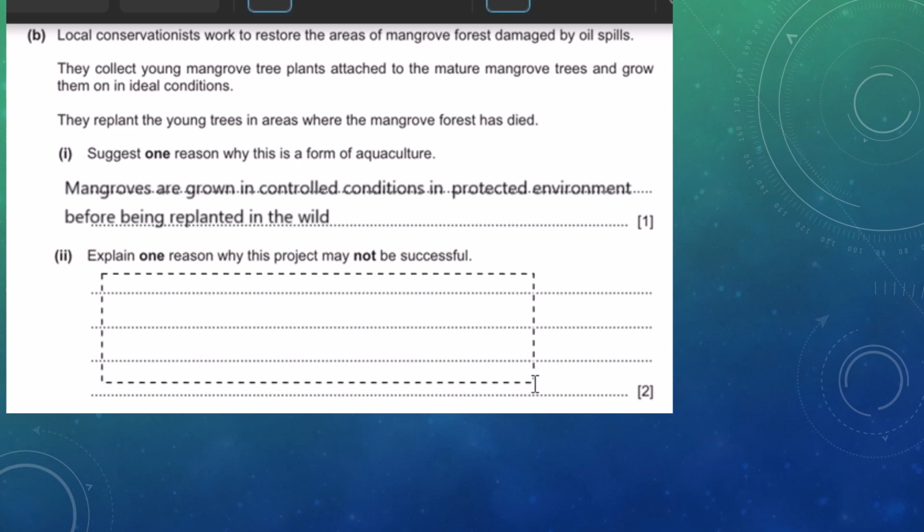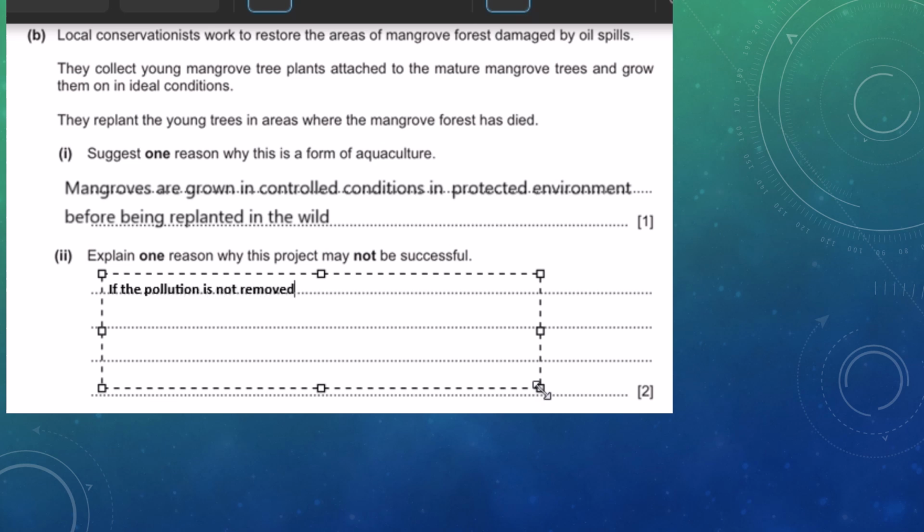And explain one reason why this project may not be successful. We'll say that if the pollution is not removed, the newly planted mangroves will still suffer from the impact and might die.